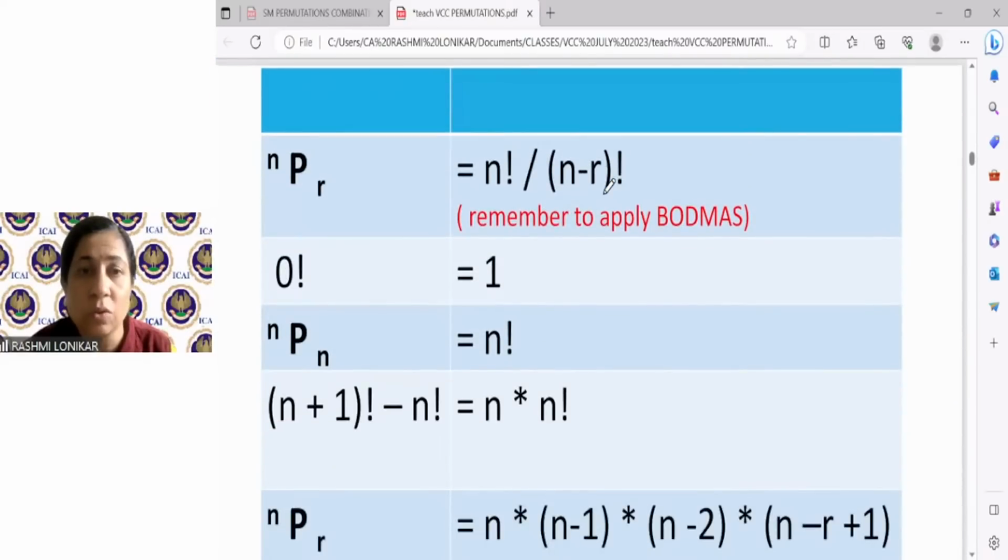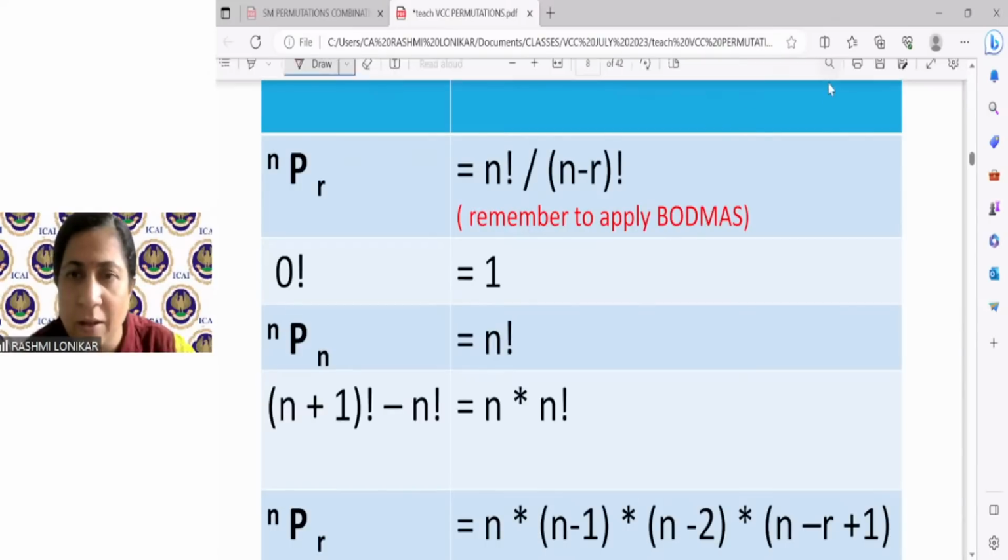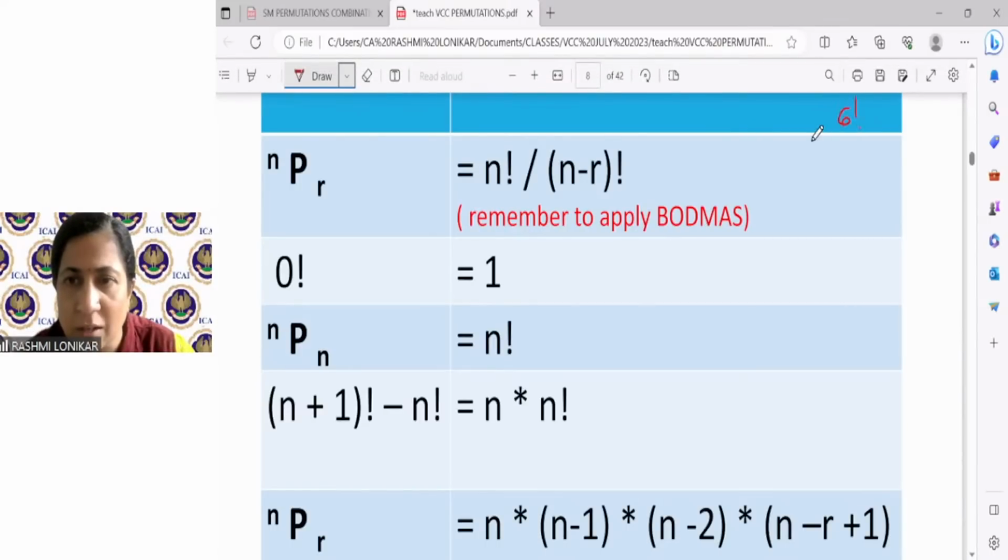Now coming to this. nPr is n factorial upon n minus r factorial. Now remember to apply BODMAS, which is so important. Suppose I have 6 factorial upon 6 minus 3 factorial, for example. Some students use only 6 minus 3 factorial. No, this is what I have to solve.